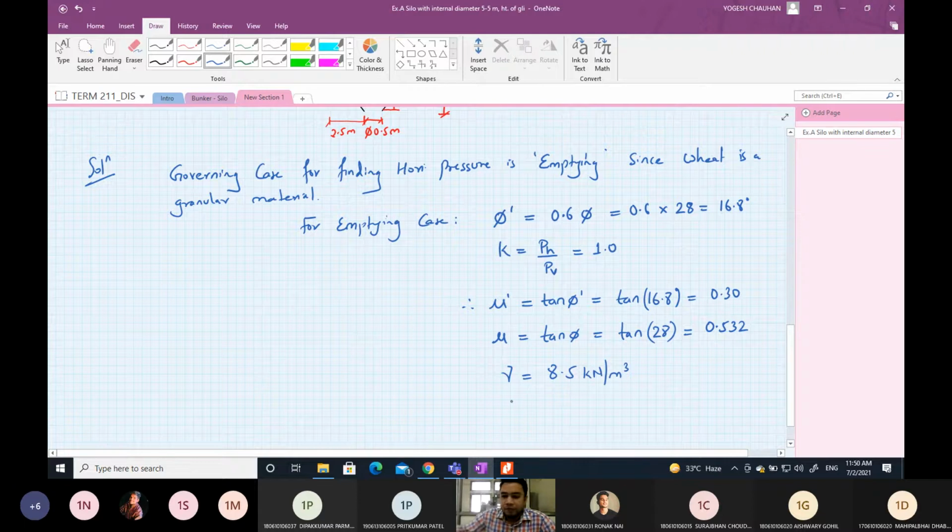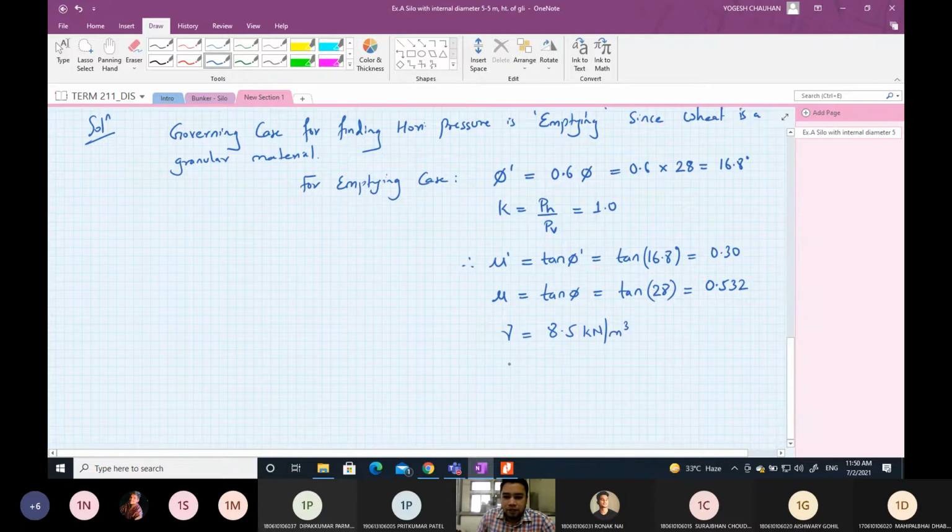Then we have the diameter of the cylindrical portion. We call this as B, which is 5.5 meter. This is the diameter of the cylindrical portion, and the height of the cylindrical portion is 18 meter.